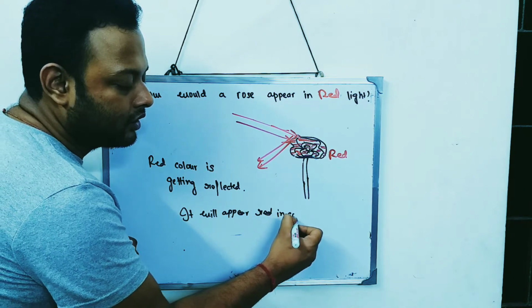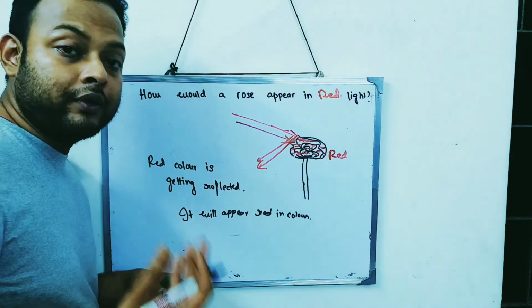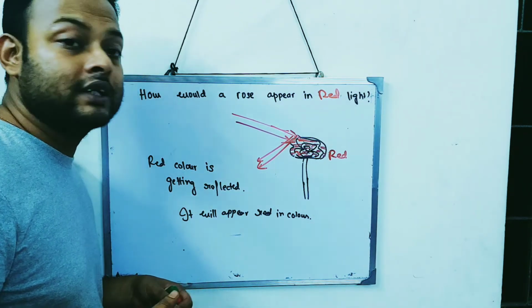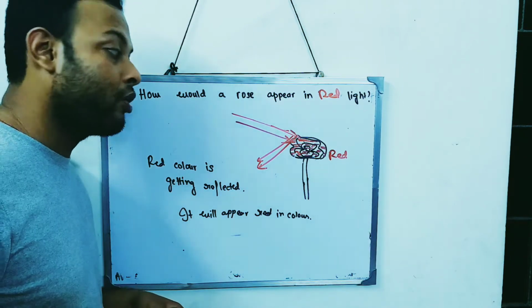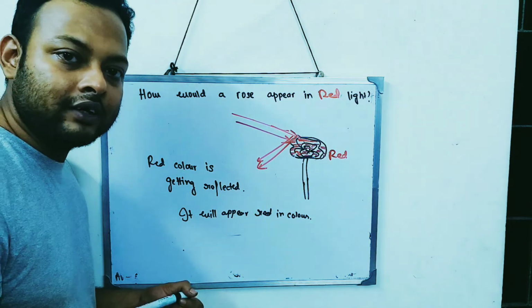The color of the object depends on what color it is reflecting. In the previous scenario, it was reflecting nothing, so it appeared black. Over here, it is reflecting the red color, so it is appearing red in color.